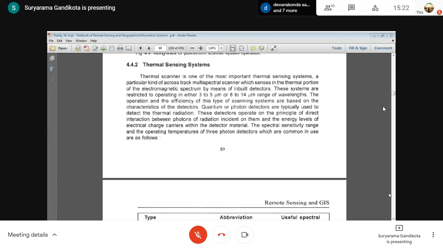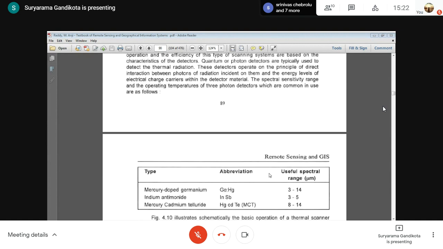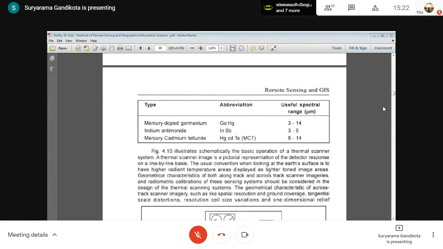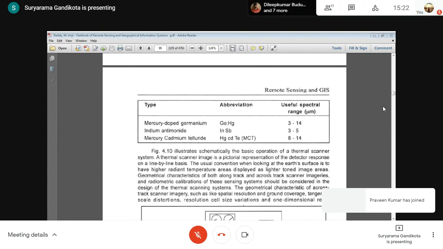The spectral sensitivity range and the operating temperatures of 3 photon detectors are given here. So in this table, you can see 3 types of detectors and their spectral range is given.